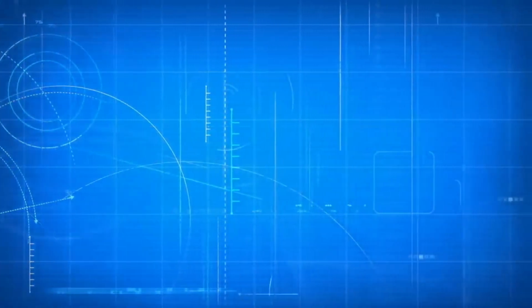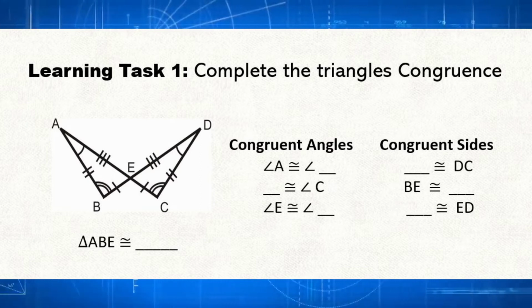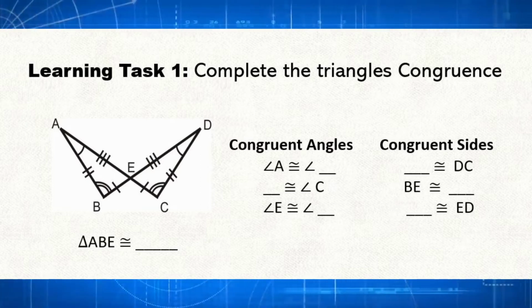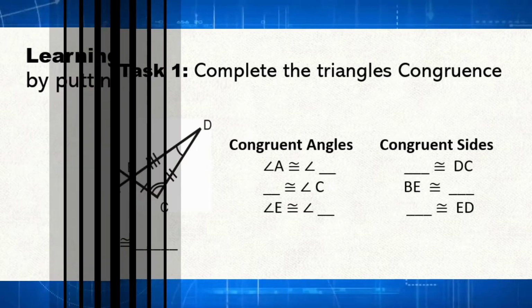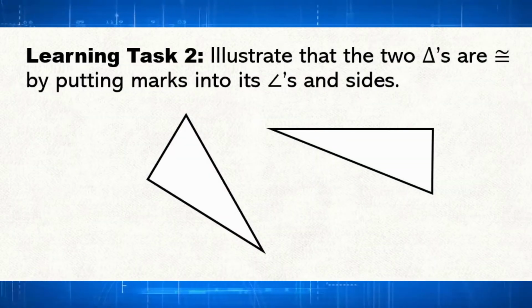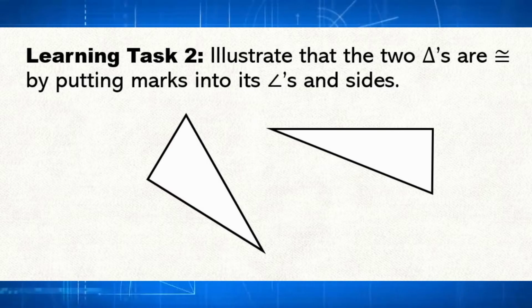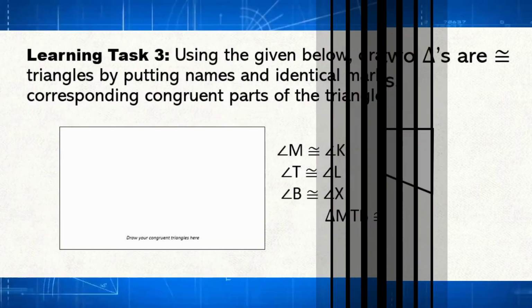To broaden your understanding of the topic, in the engagement, you will answer learning task number 1, in which you will complete the triangle congruence between the congruent angles and congruent sides of the given triangles. In learning task number 2, you will illustrate that the two triangles are congruent by putting markings on their corresponding congruent parts.